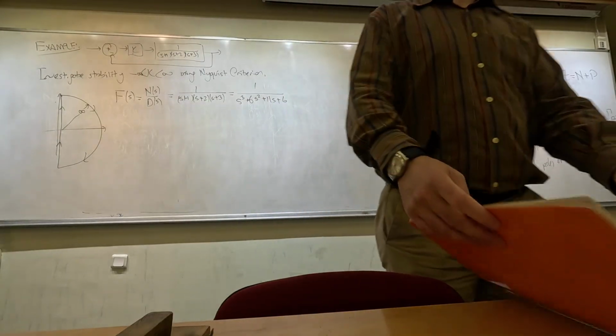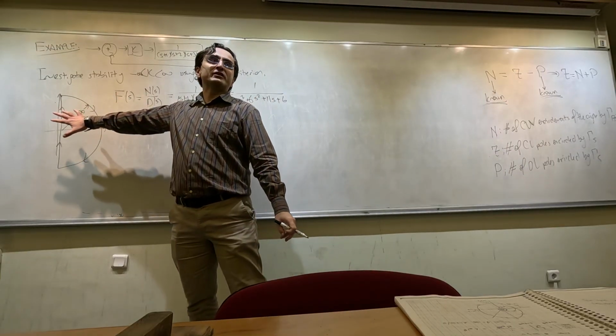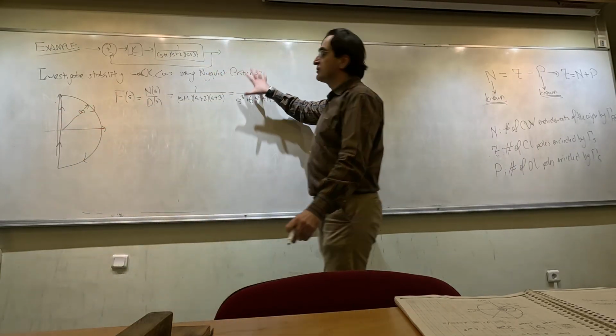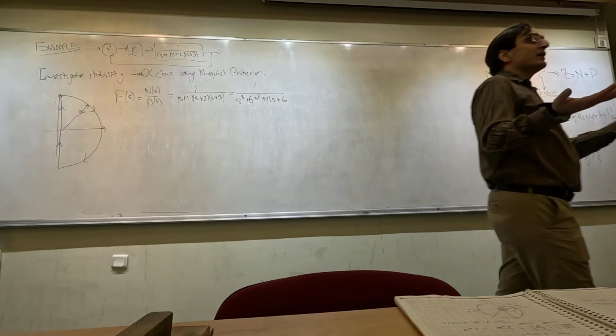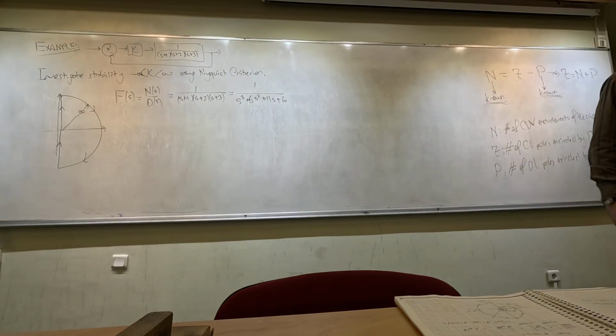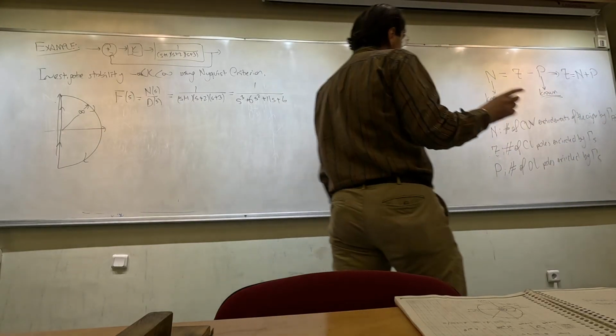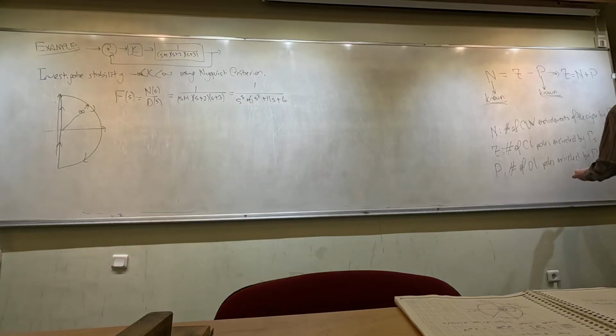So what I have to do here is to transform each part of this curve by this transformation, and then I can look at what N is by looking at the number of encirclements of the point minus 1 over k. Okay?